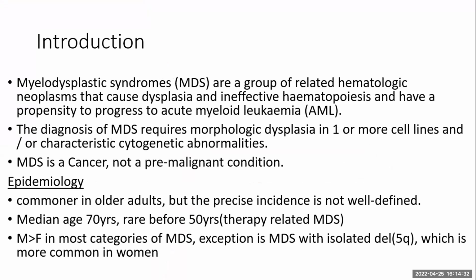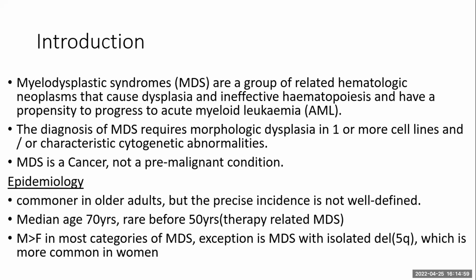So myelodysplastic syndromes are a group of related hematologic neoplasms that cause dysplasia and ineffective hematopoiesis, and they have a propensity to progress to acute myeloid leukemia. And this is important in the sense that in terms of treatment, one of the objectives that we aim to achieve is to delay or to stop the progression to acute myeloid leukemia.